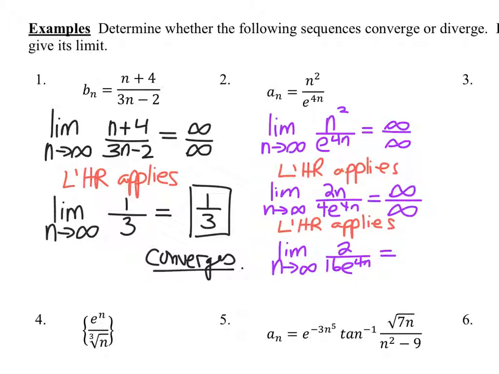So in this case, if I apply the limit, I'm going to get 2 on top, so that's not infinity. So one way or another, I'm at the end of this journey. On the bottom, if I plug in infinity, I'm getting e to the infinitieth times 16, which is infinity.